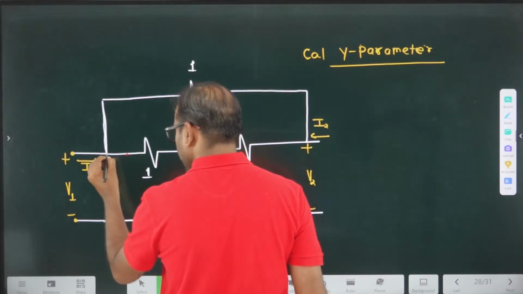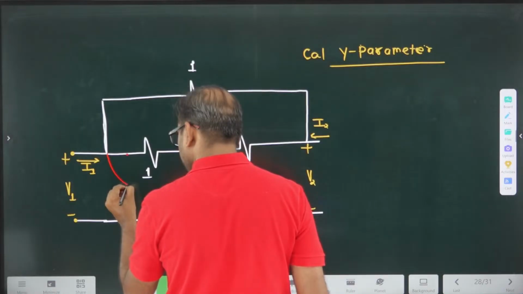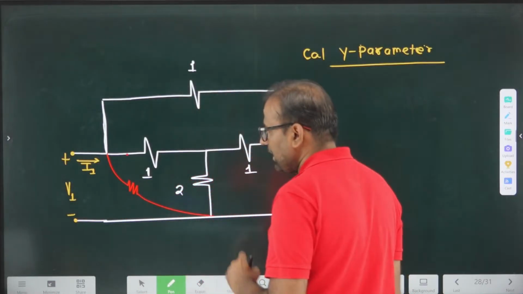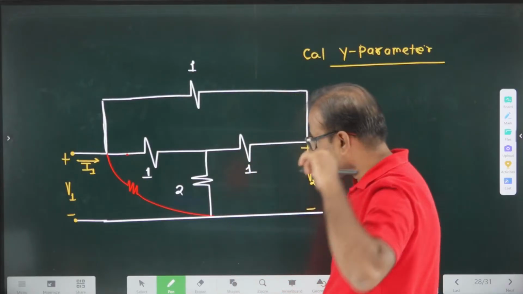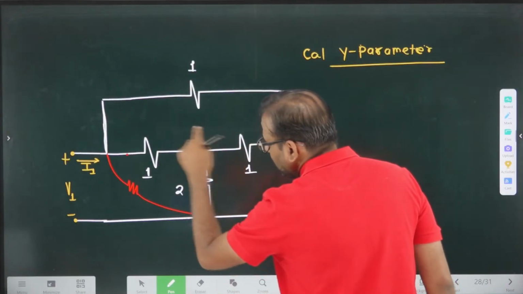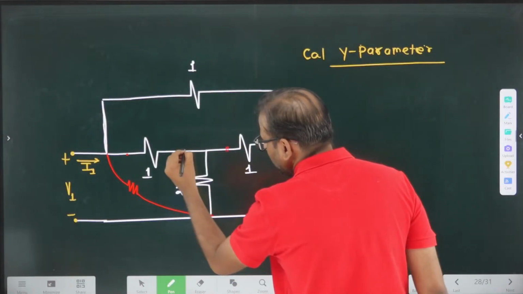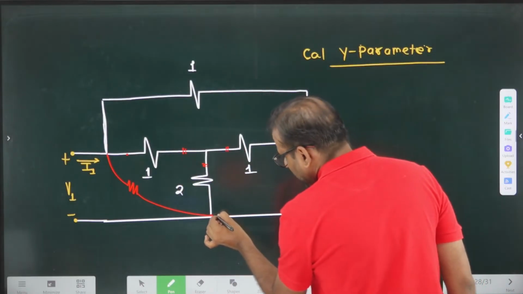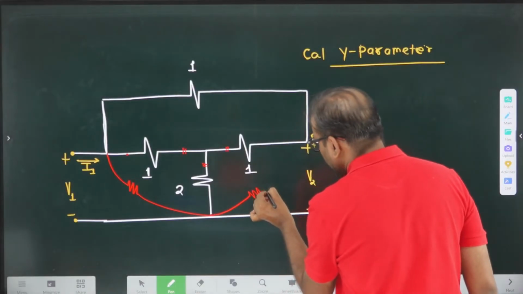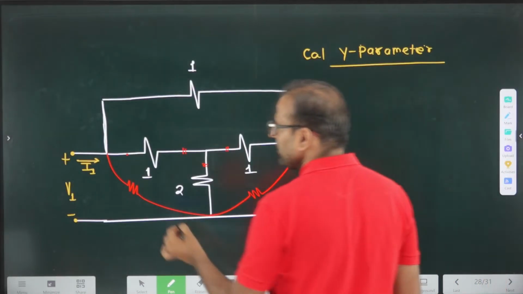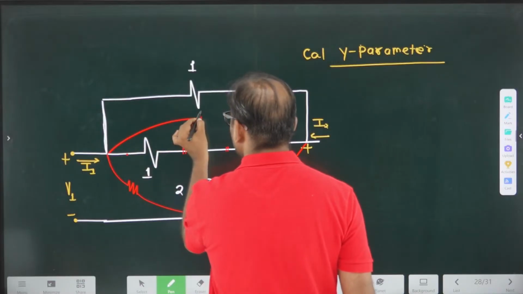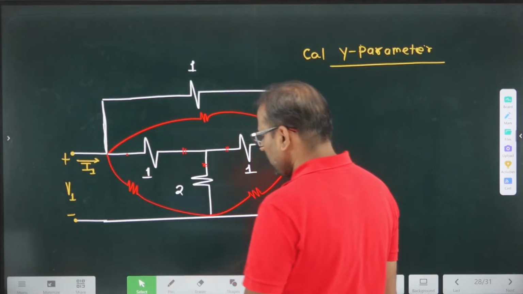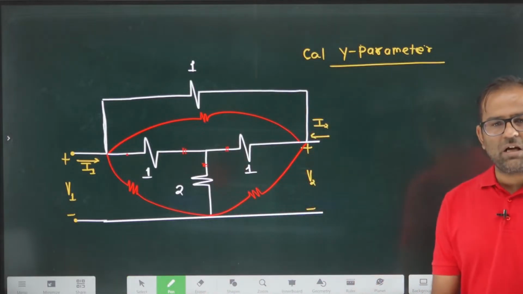Between here and here I can use one resistor. I will convert this star into delta, 1, 2 and 3. From here to here we will use one more resistance, and from here to here I will use one more. So this is my star to delta conversion.